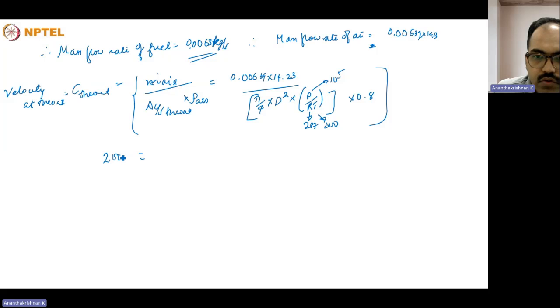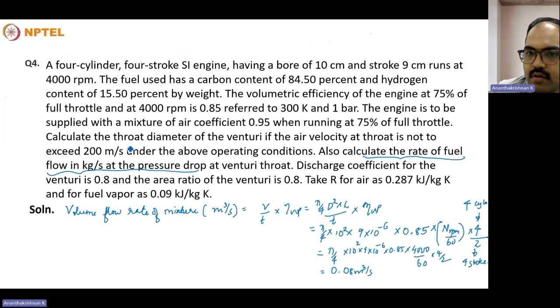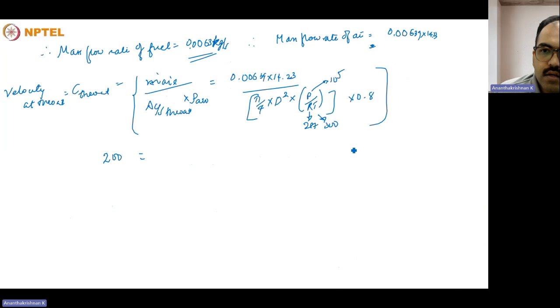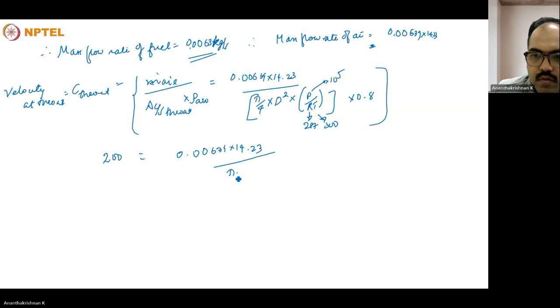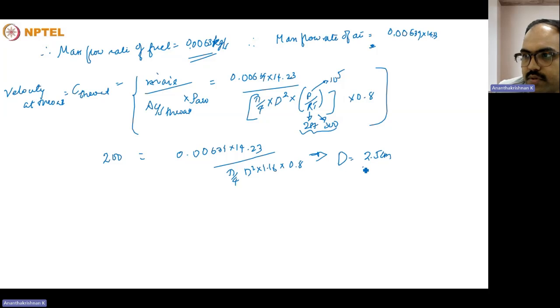So this will be equal to 200, that is given. 200 meters per second is equal to the expression, where the density is 1.16, into 0.8, therefore diameter will be equal to 2.5 centimeters.